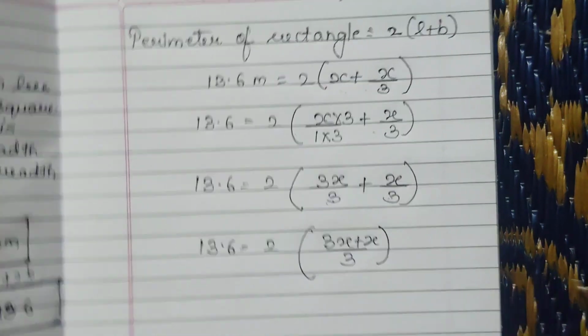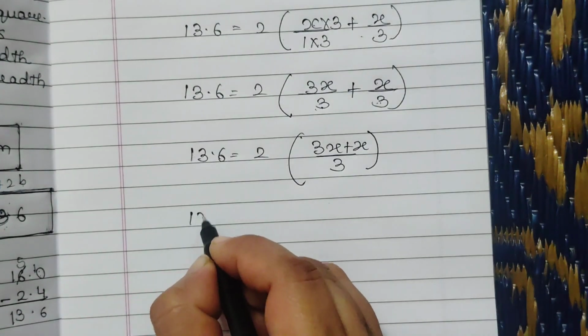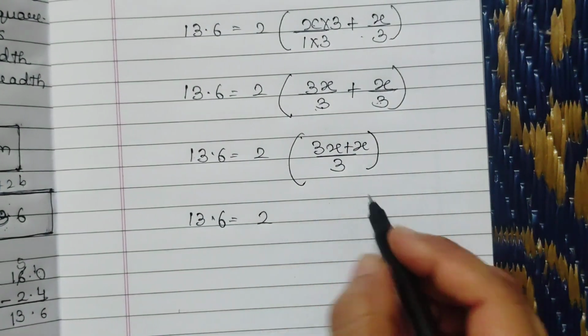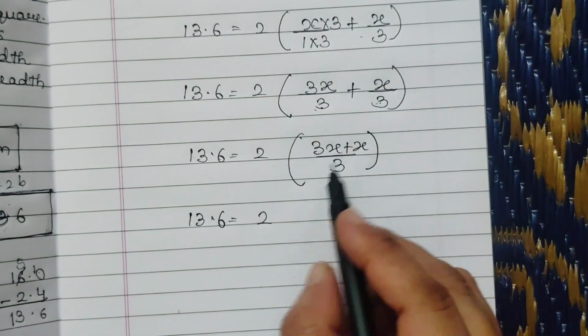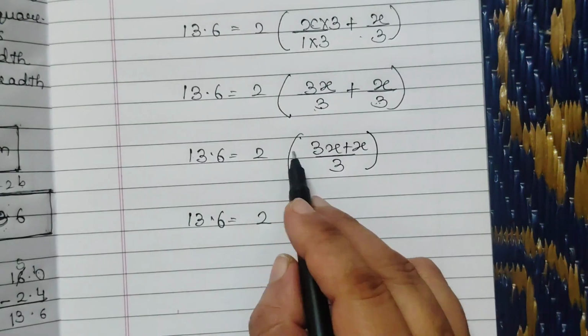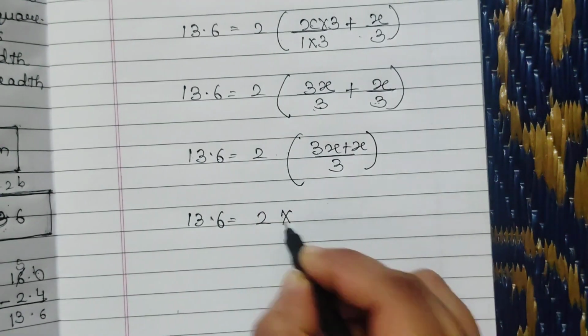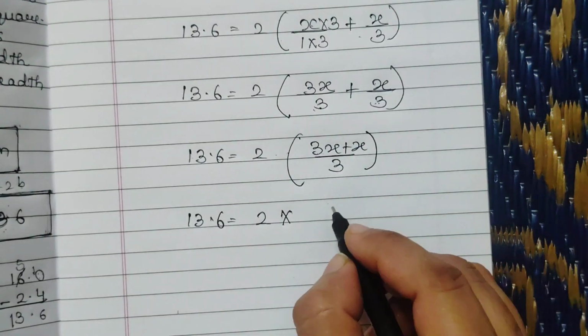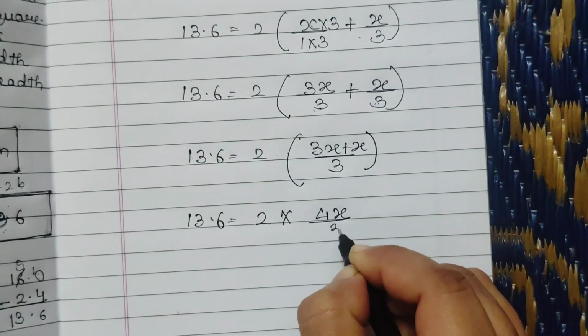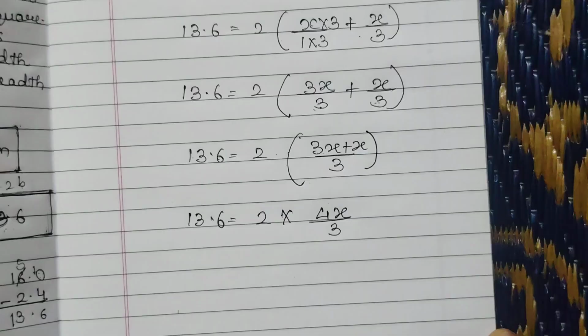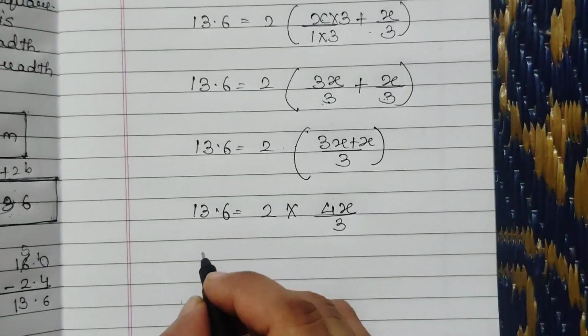Now I am going to remove the bracket. There is nothing there, so it is multiplication in between. So 3x plus x is 4x upon 3.